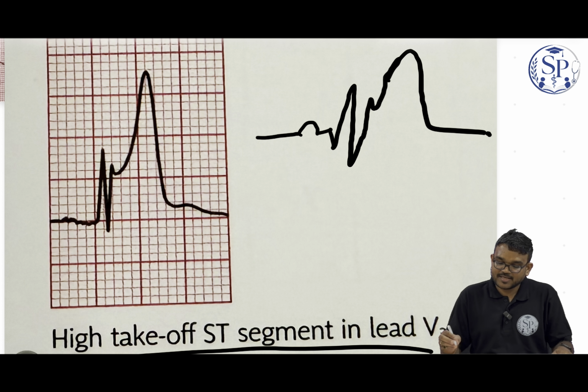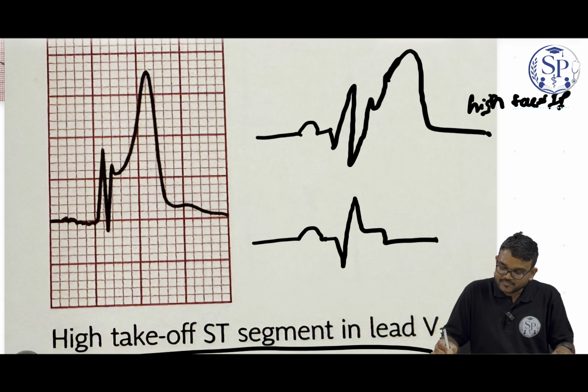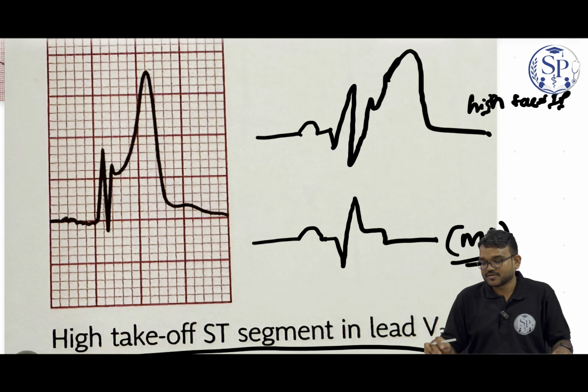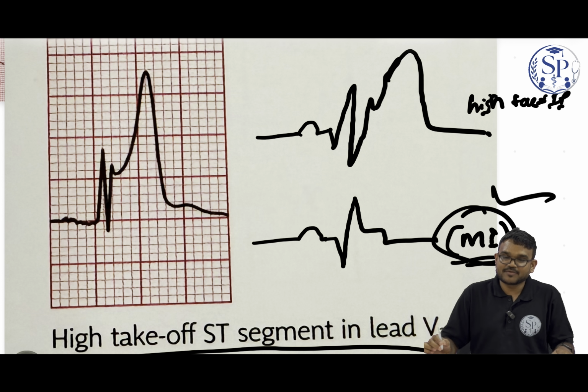In myocardial infarction, this is P wave followed by QRS complex. This is MI. So I have to differentiate from the ECG whether it is a high takeoff ST segment elevation or a myocardial infarction.